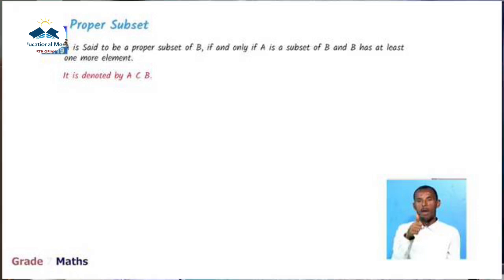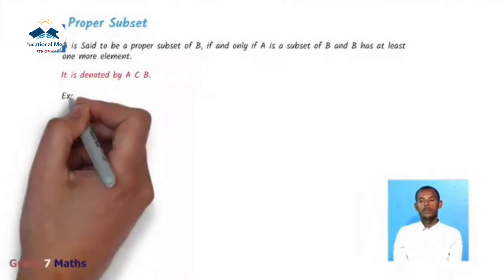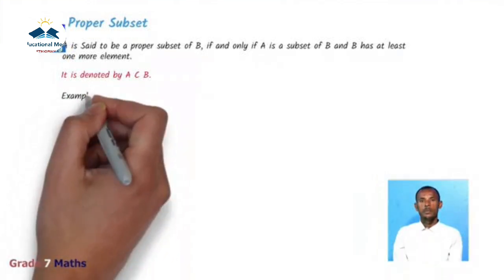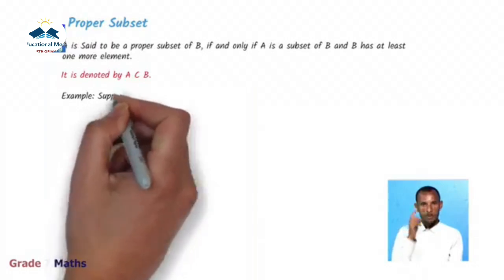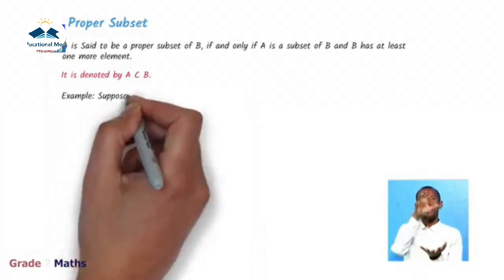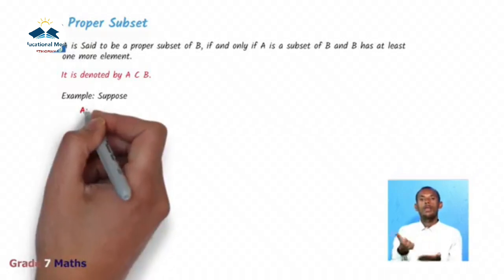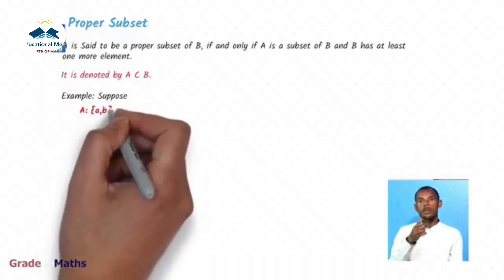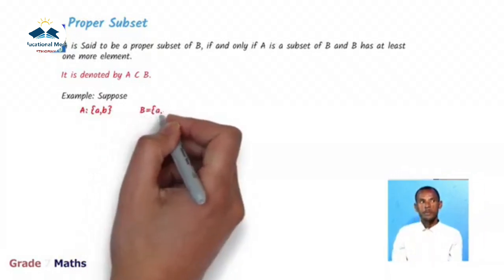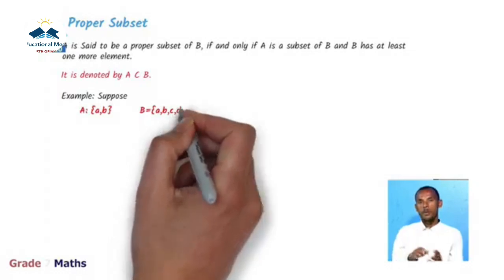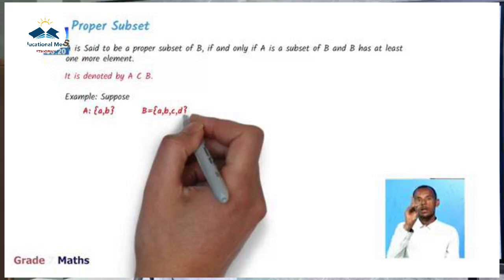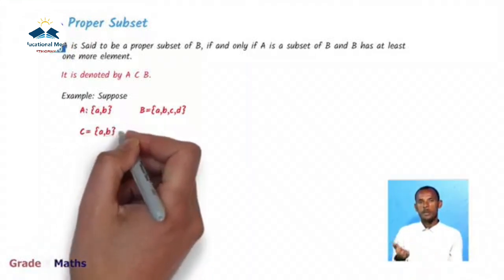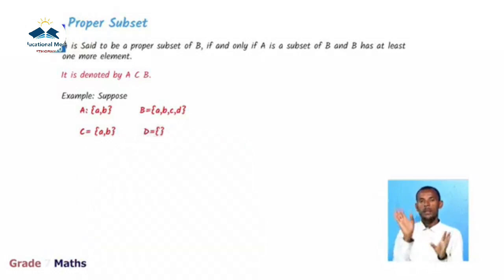Okay, now let's see an example. Suppose set A contains the elements, the letters A and B, and set B contains the letters A, B, C, and D. Set C contains the elements A and B, and set D doesn't have an element.